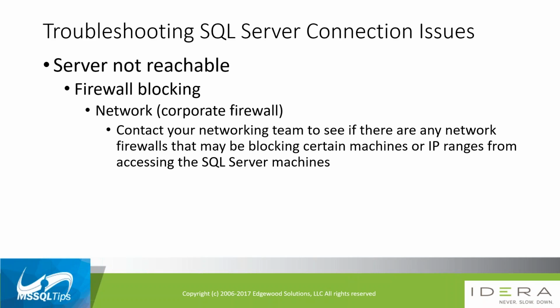Find out if they have a network firewall and if there's any sort of rules that could be blocking it. On the network firewall, they should have a log file that logs anything that gets blocked, so they can look in their log and say, oh yeah, that machine was getting blocked by the firewall.